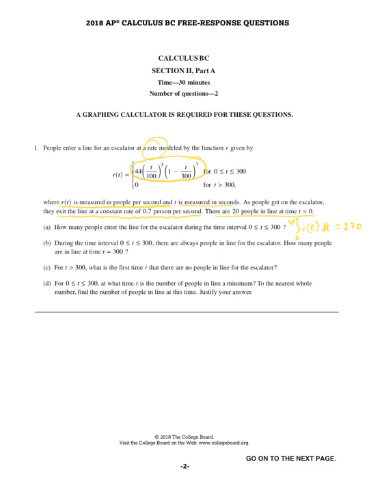Question B. During the time interval, there are always people in line. How many people are in line at time 300?